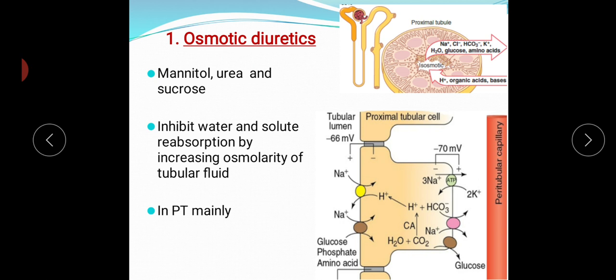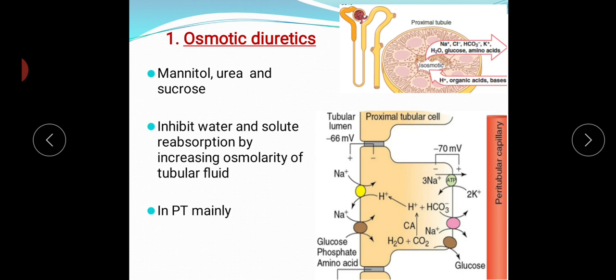In this way they remove more water in the urine. Mainly they act at the proximal tubule, which is the part where most of the solutes and most of the water get reabsorbed.